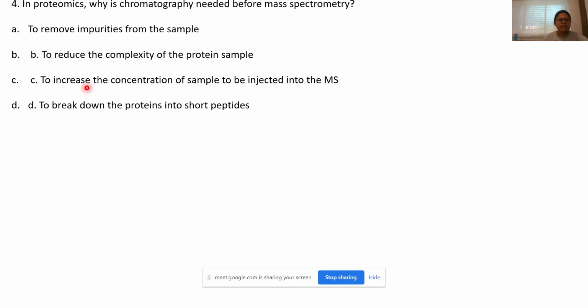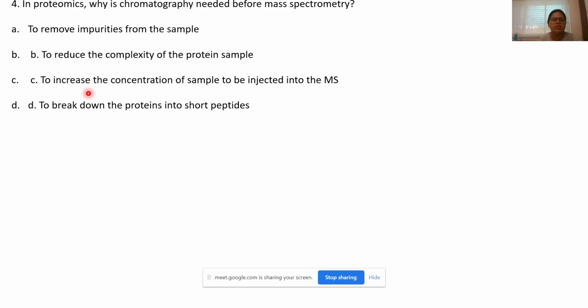A and C, to remove impurities from the sample, to increase the concentration of the sample to be injected into the MS. Yes. How will you increase the concentration of the sample? I think for HPLC, it stays somewhere and then it does concentrate the sample. Generally, we use chromatography to separate the protein of our interest, right?